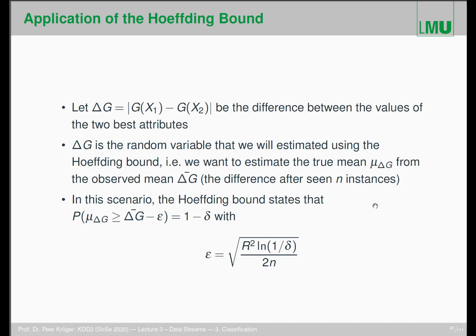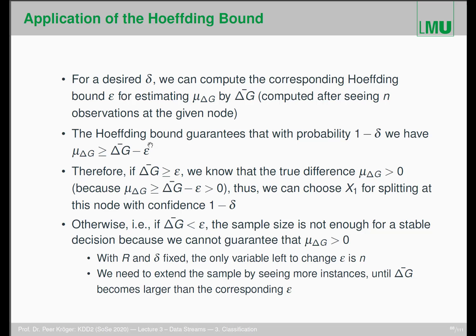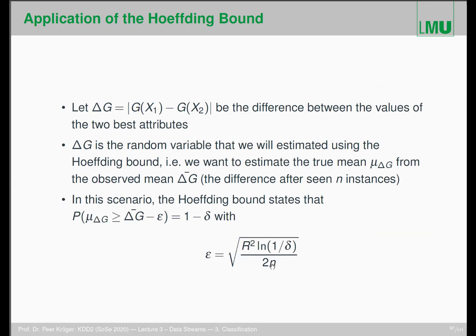For a desired delta, we can compute the corresponding Hoeffding bound epsilon after seeing n observations. So everything is fixed. We have looked at n observations, R is fixed, delta is fixed, so we can compute the epsilon.